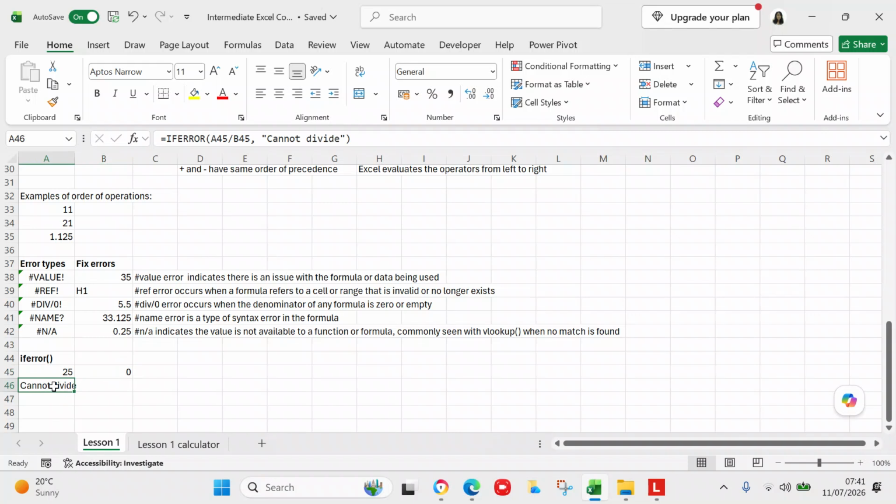That's going to give you a divide by 0 error. So rather than giving you a divide by 0 error, it's going to say IFERROR, A45 divided by B45, and then you're going to print cannot divide.